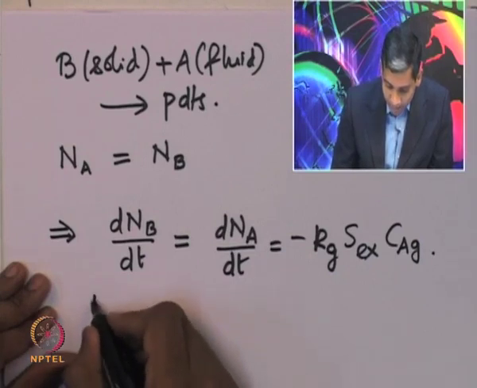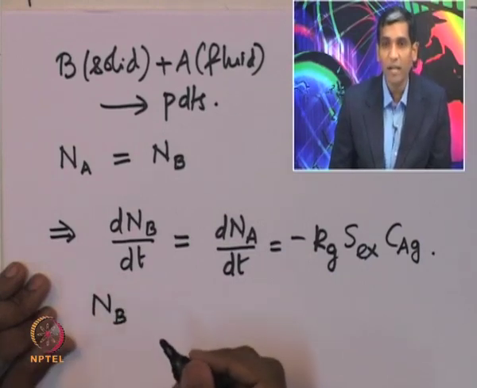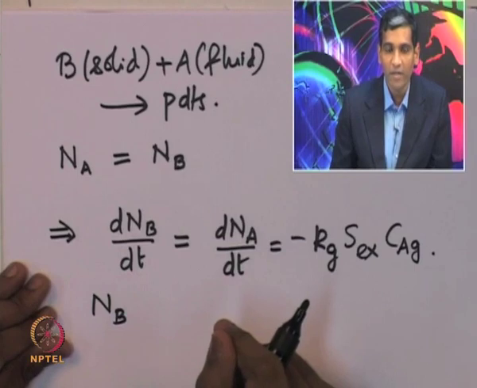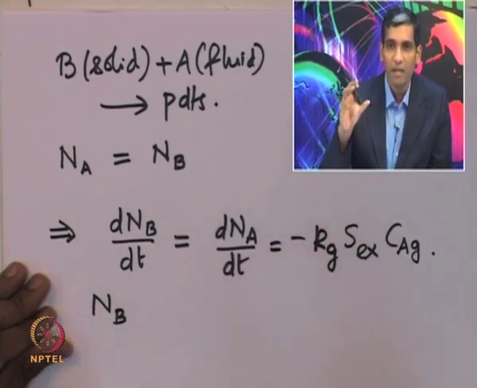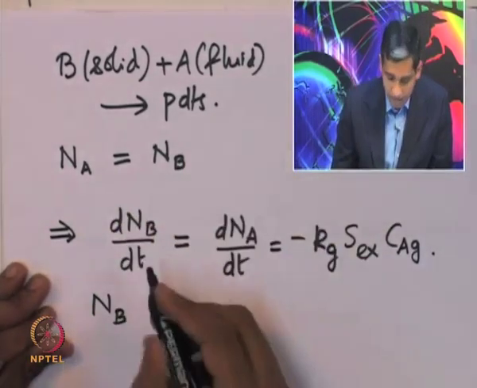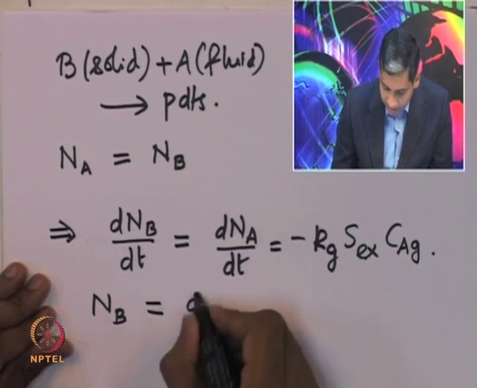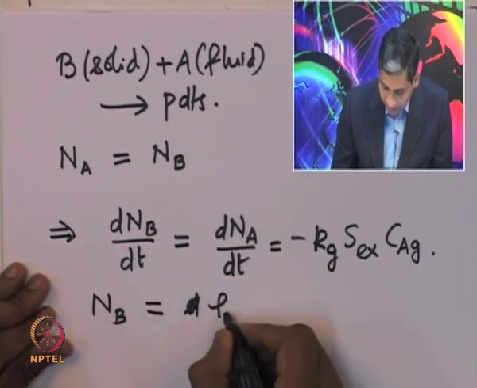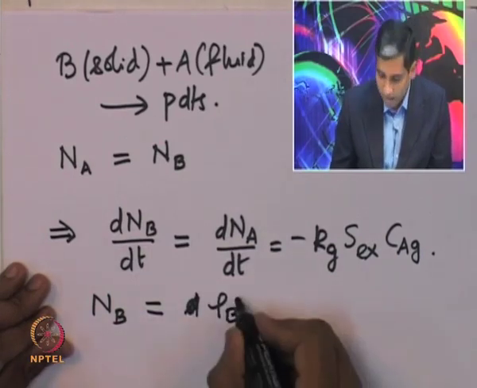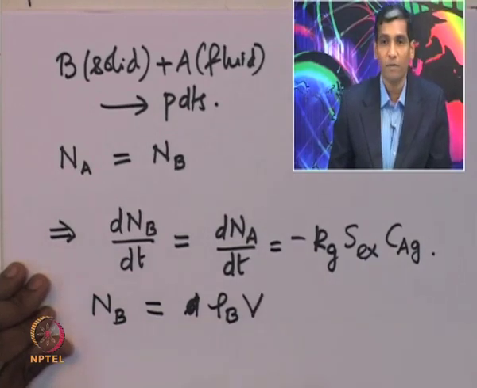Now, we know that the number of moles of the solid which is present is essentially given by the density of the species rho b multiplied by the volume.